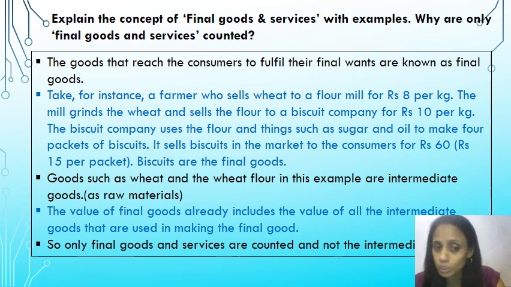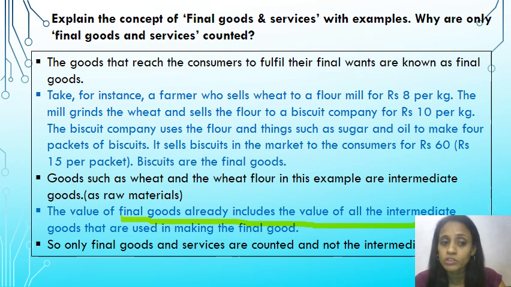So again, wheat should not be counted. So goods such as wheat and wheat flour are examples of intermediate goods, that is, those which are used as raw material, completely used up in the process of production. The value of final goods already includes the value of intermediate goods that are used in making the final good. That is why we should not count the intermediate goods value in the process of production.